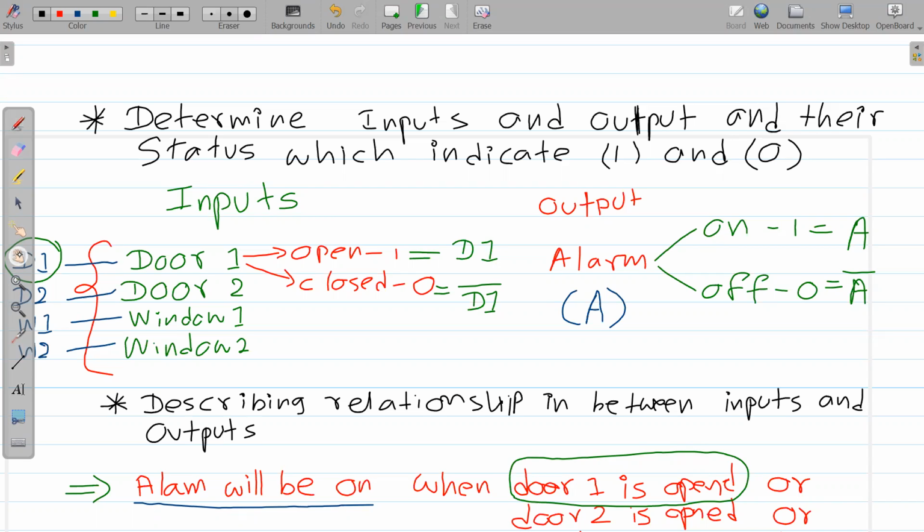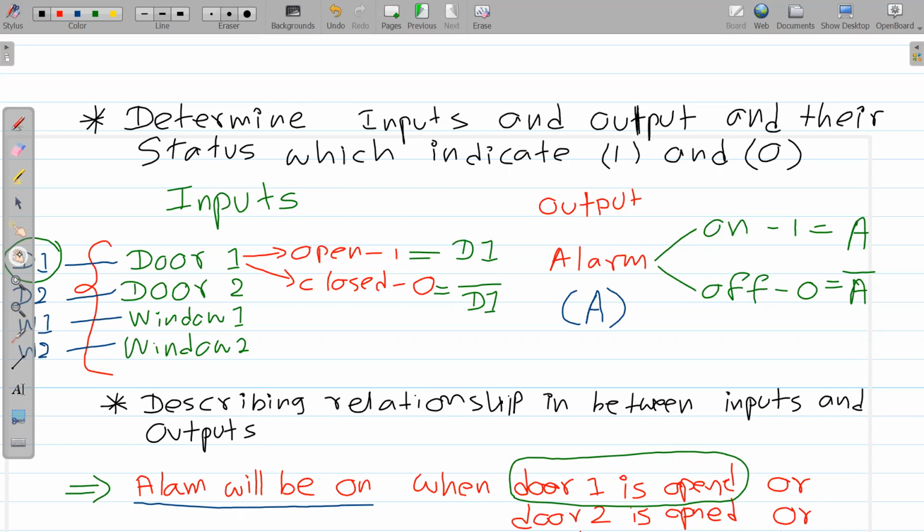That's the thing that we have to do first. Then we determine the two states for these inputs and outputs, which state indicates one and which indicates zero. According to the door, we took open as its one state and closed as its zero state. For the alarm, we took one as its on state and zero as its off state.